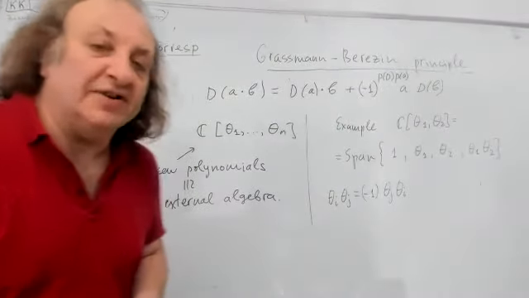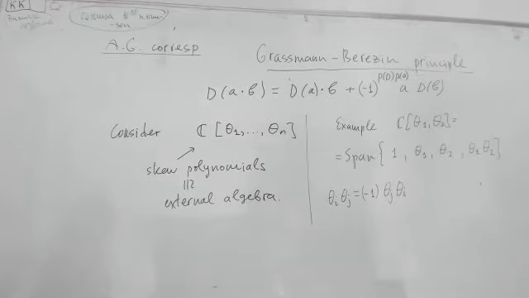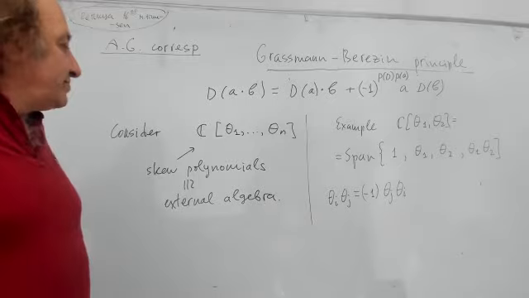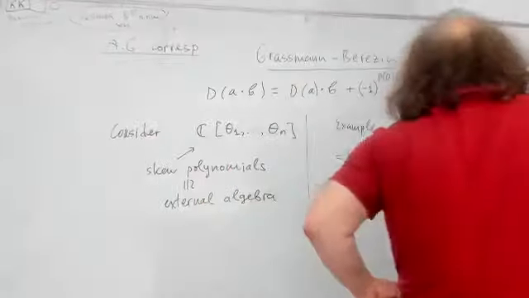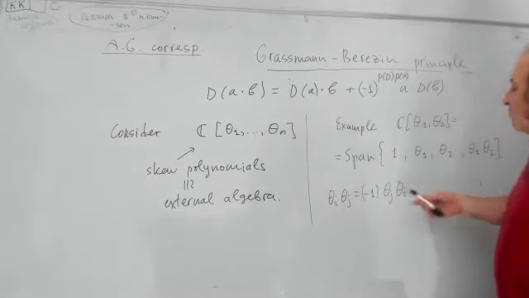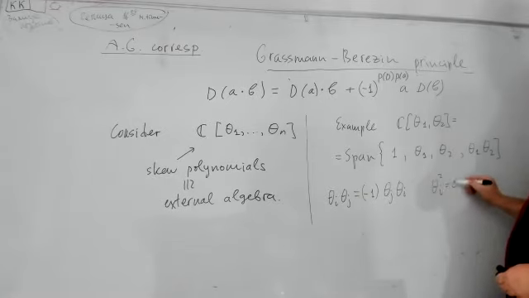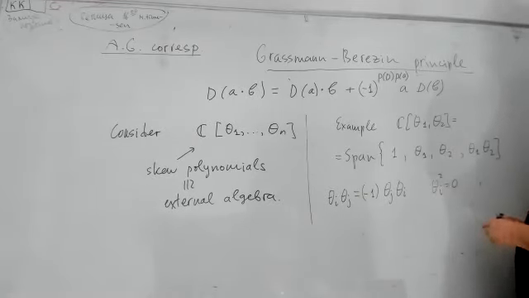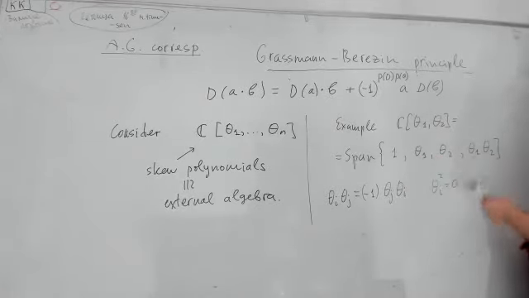So this was first discovered by Grassmann in the middle of the 19th century. Let me remind you, from this you automatically get that theta i squares to 0. I think it's clear how to multiply elements here.